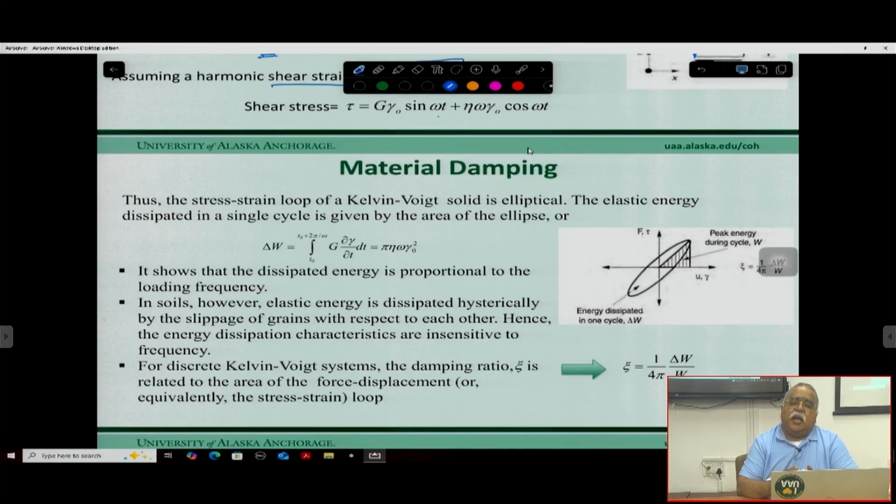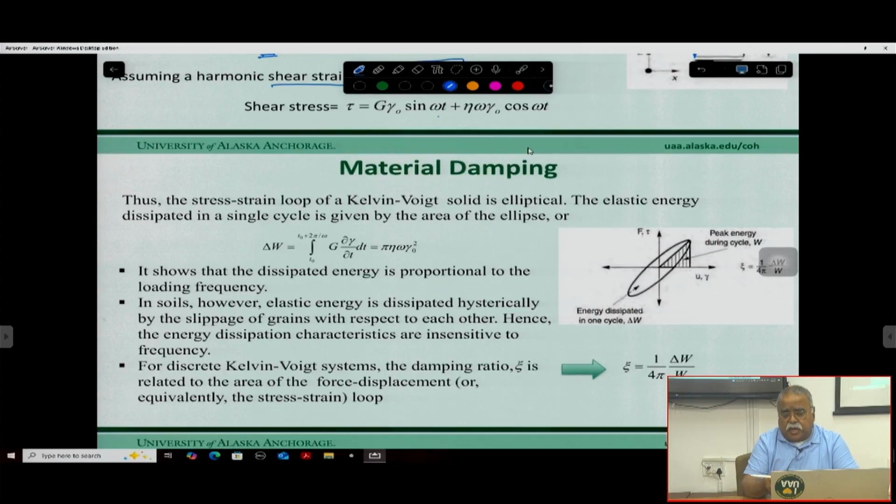Okay, the stress is passing, but within a cycle of the strain, how much energy is getting dissipated? Because as I told you, the shear strain is sinusoidal, so we assume that it is sinusoidal.